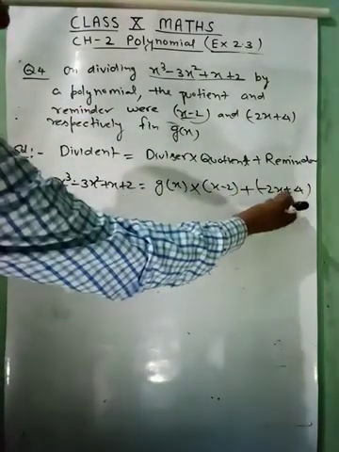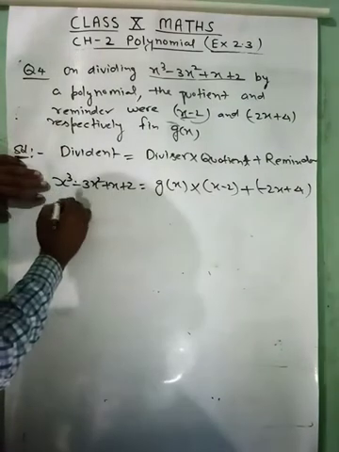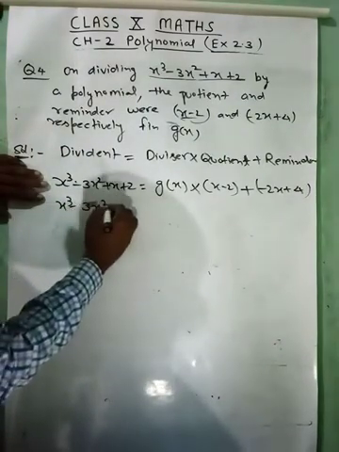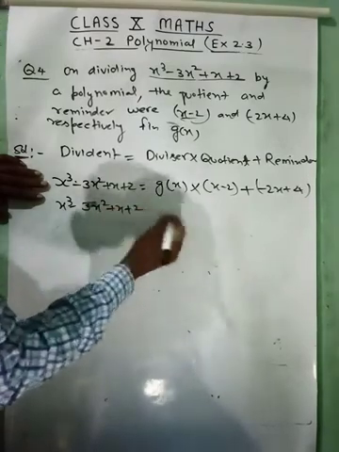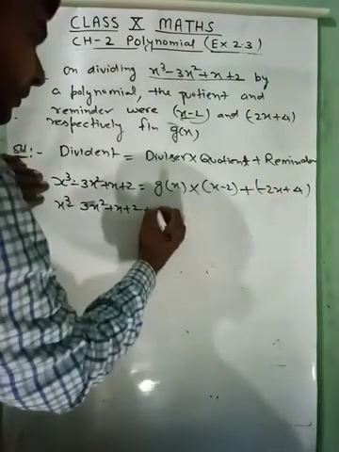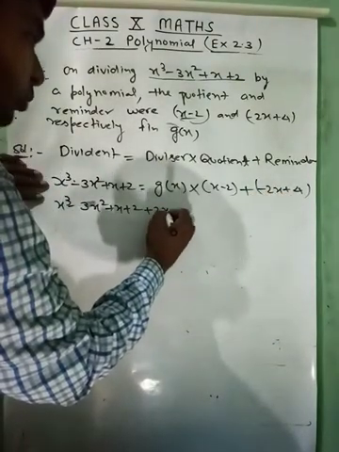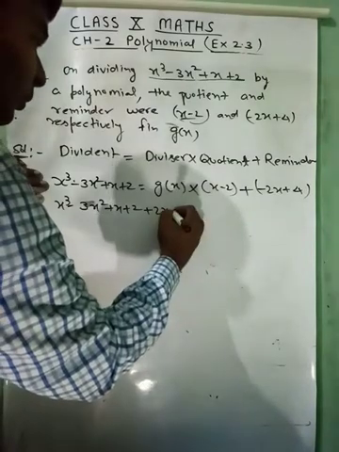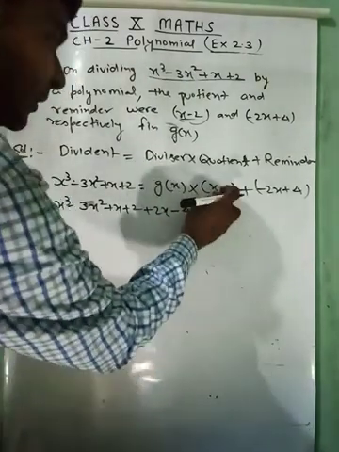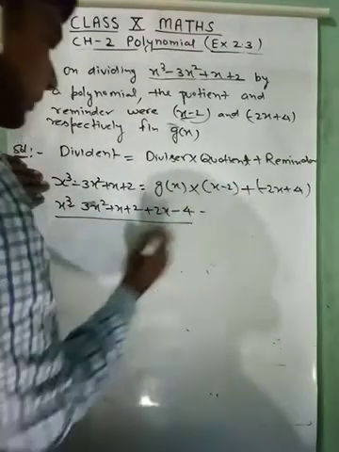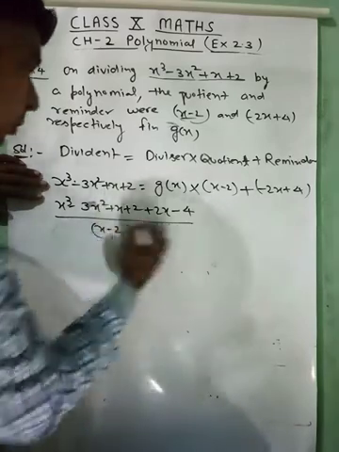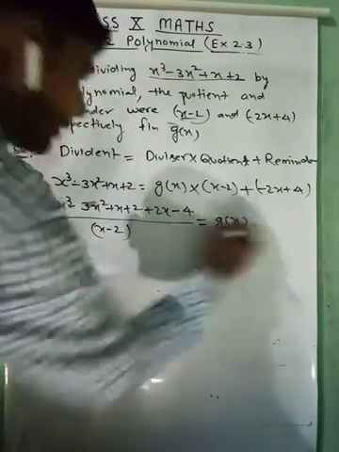So first replace this on the left hand side: x cube minus 3x square plus x plus 2. When this goes to the left side, the sign will be changed. It will be plus 2x, and plus 4 will become minus 4. And this will divide it, in denominator form, x minus 2 is equal to g(x).